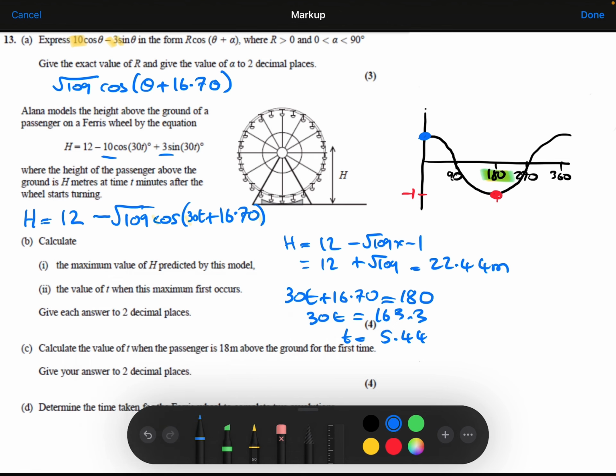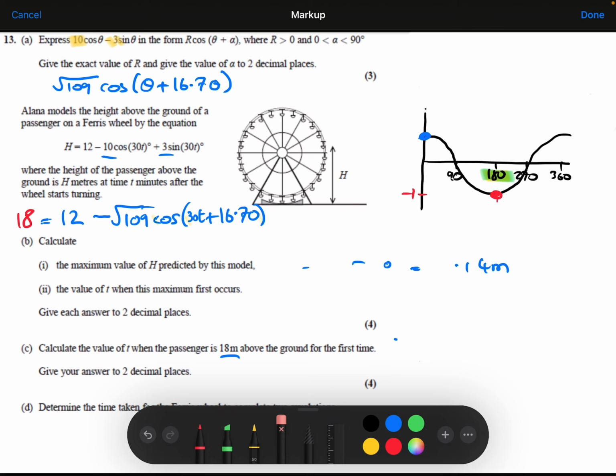Part C. Calculate the value of t when the passenger is 18 metres above ground for the first time. So when is the height 18? So I'm going to go to my model and make my height 18. I am then going to subtract the 12 from both sides.